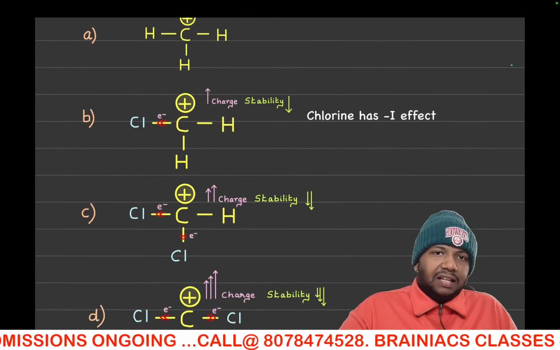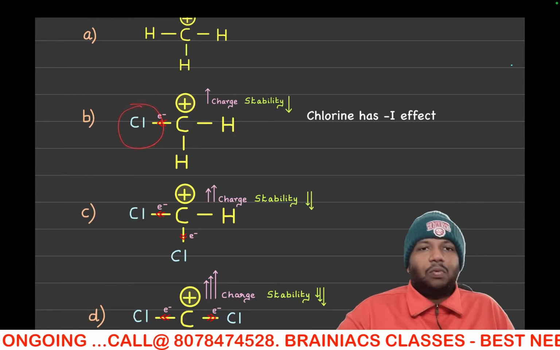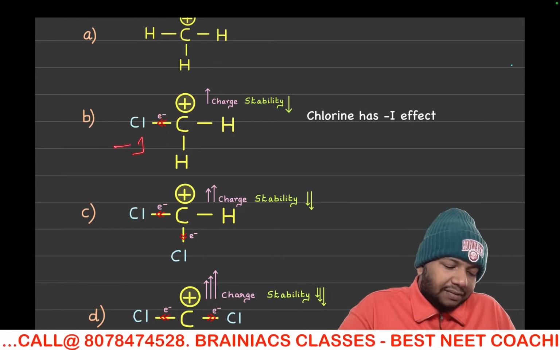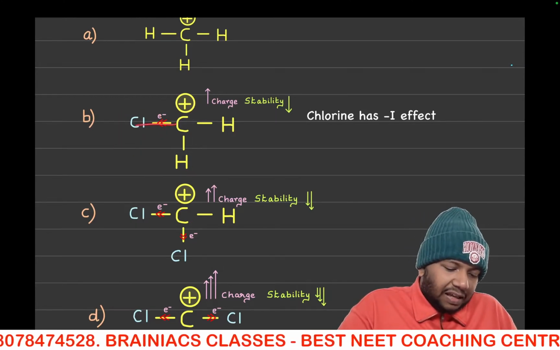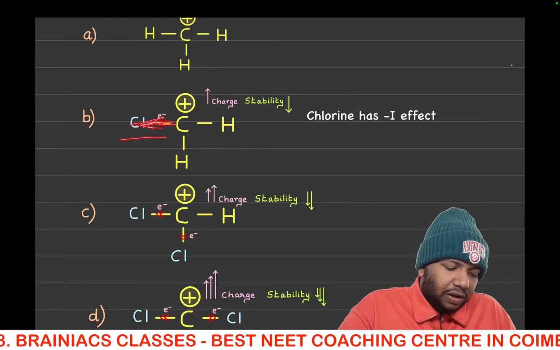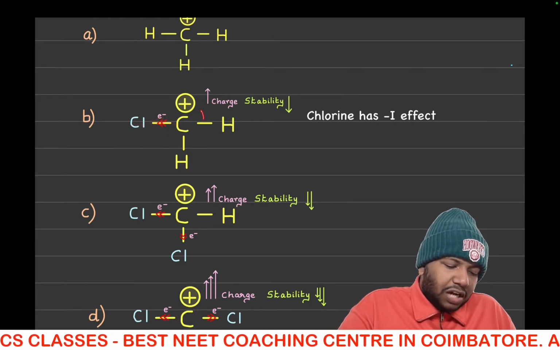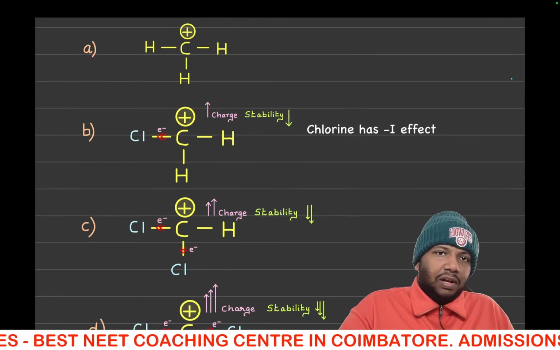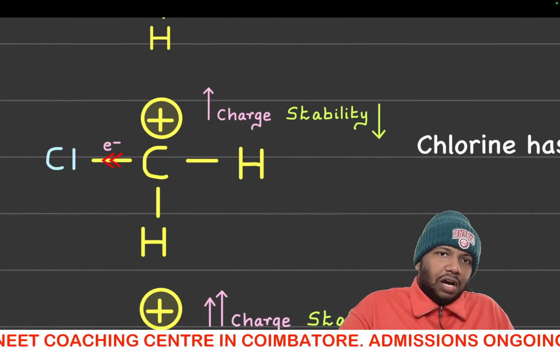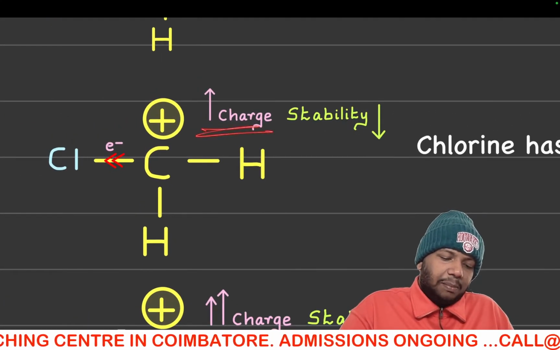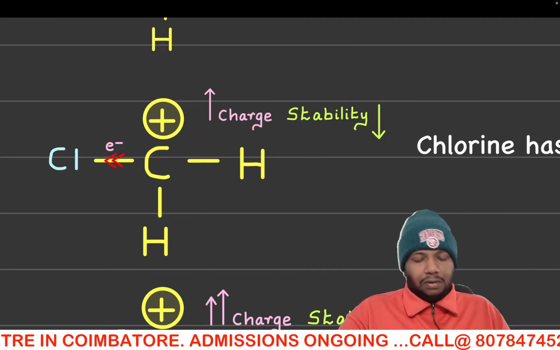But when you take the next compound, it has chlorine present. What does chlorine have? It has a minus I effect, so it will attract the electrons in this direction. Electrons moving in this direction means the positive charge here is increasing. Charge increases, stability decreases.